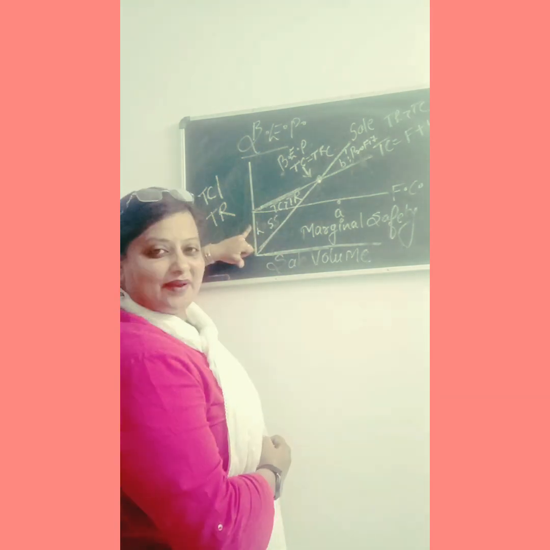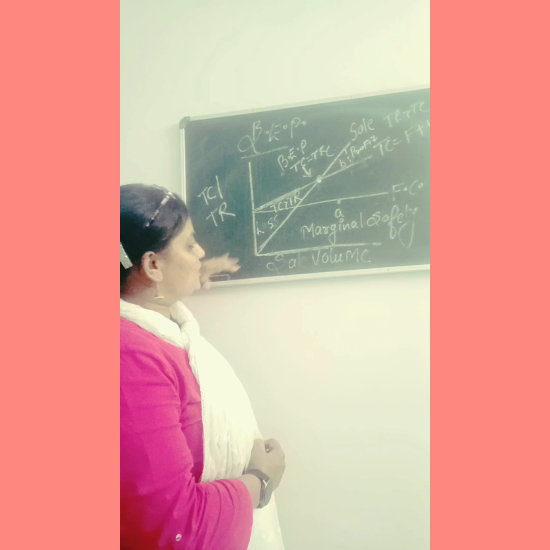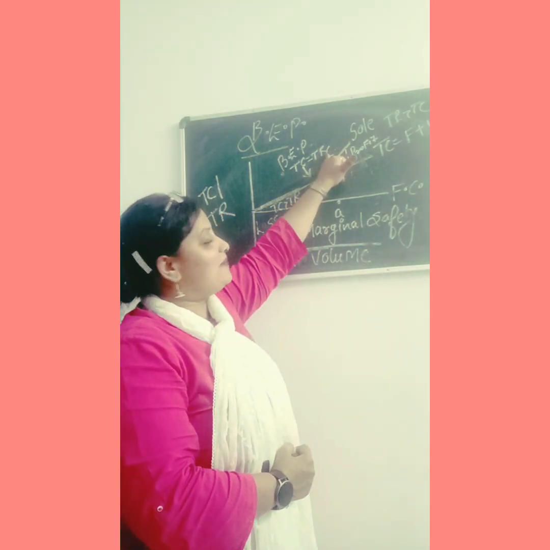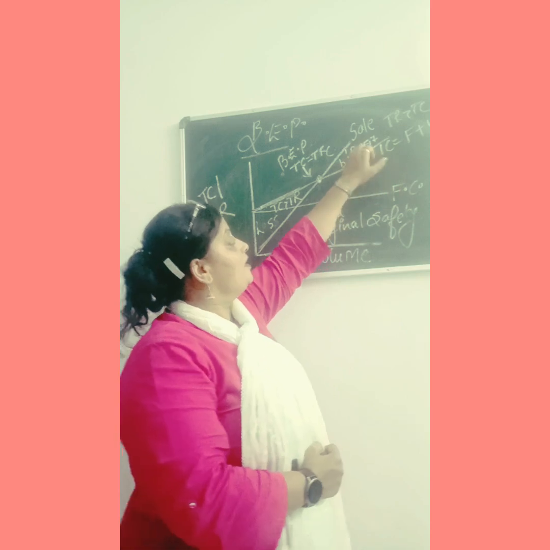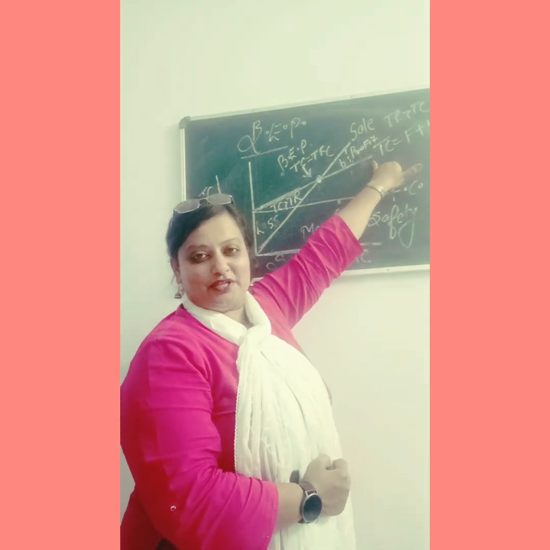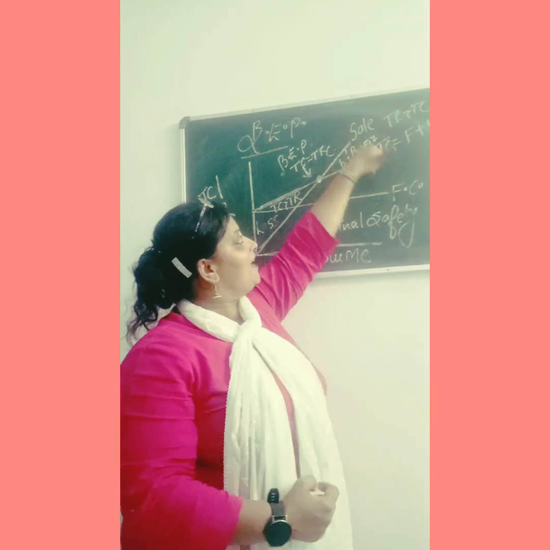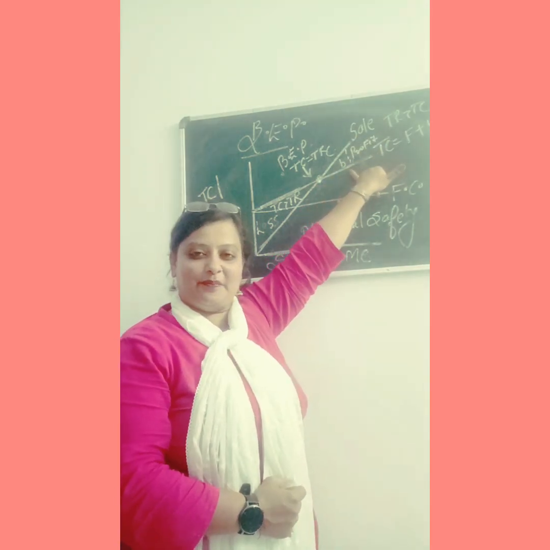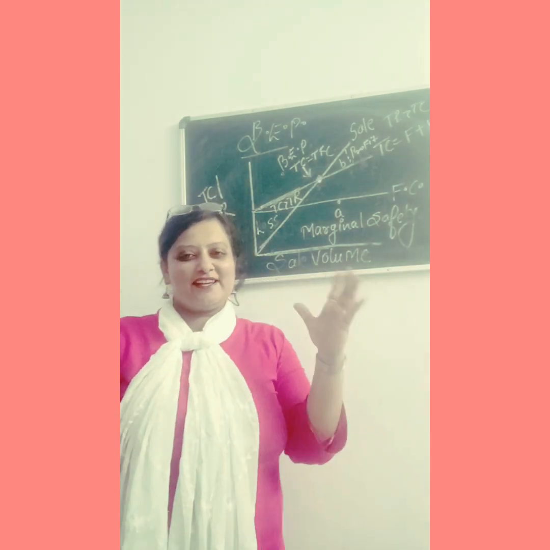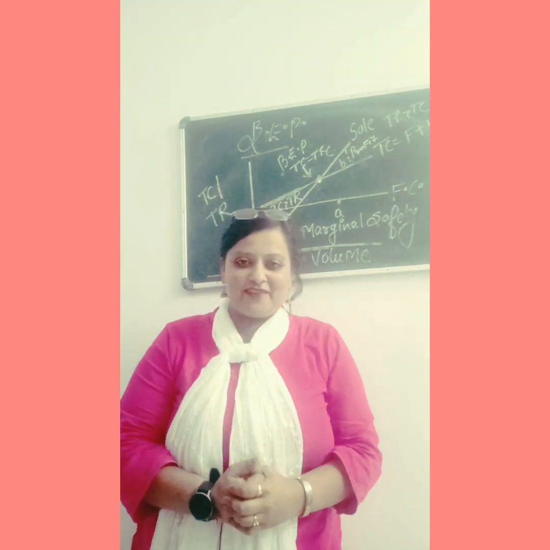That's why a firm incurs a loss. So again, as a firm moves its sales volume beyond the BP point, the point will come where the sales will be more in comparison to the total cost curve. So this area which I have marked with point B will be the profit maximization point. So this is simply the break-even point.